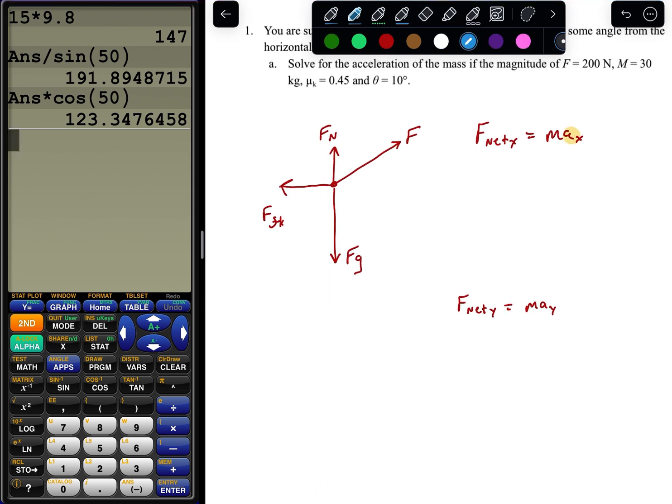So, let's split up our components. We have F at an angle of 10 degrees, so Fx is going to be just the force times the cosine of 10 degrees. And Fy is going to be F times the sine of 10 degrees.